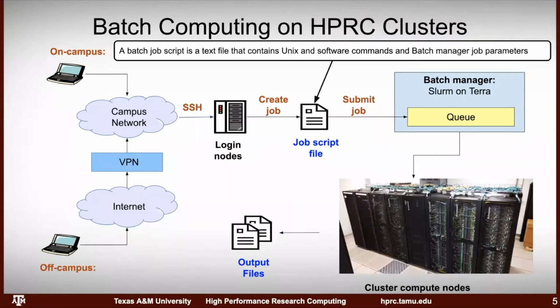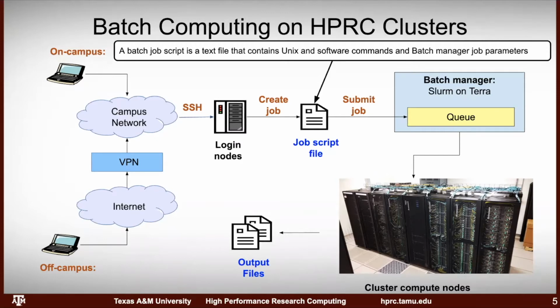So here's kind of an overview of how you would use our cluster. And this is the same for Grace as well. You just replace Terra with Grace. So if you're on campus, you connect to the campus network. From your local machine or your office computer or wherever you are, you SSH into a login node. When you SSH to Terra, you land on the login node, and from the login node, you create a job or you submit a job that's already been created.